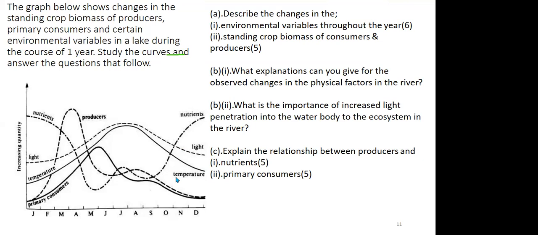Now, of course, the answers I have given you earlier are just an overview. You would have to say from this time to this time, this is happening to this, which causes a change on this, okay? So let's have someone attempt C Roman 2.